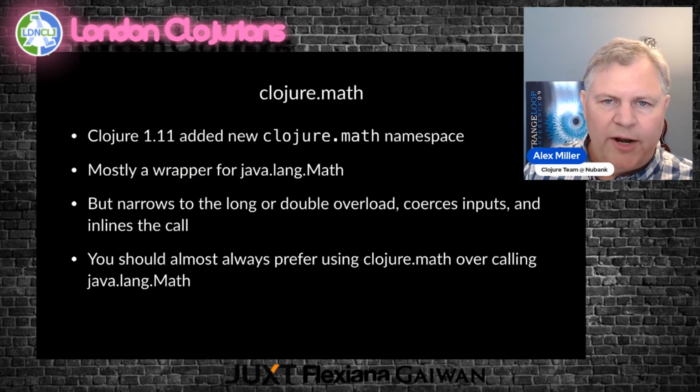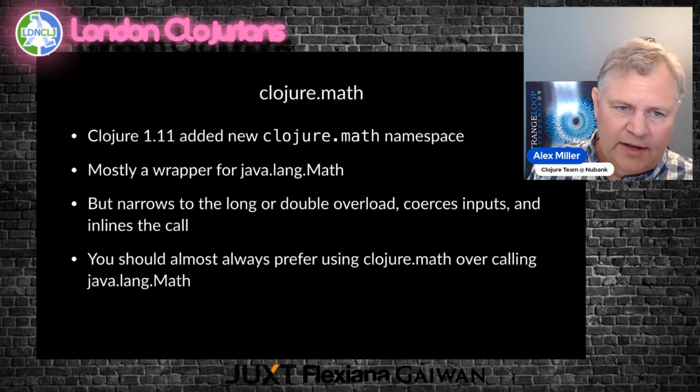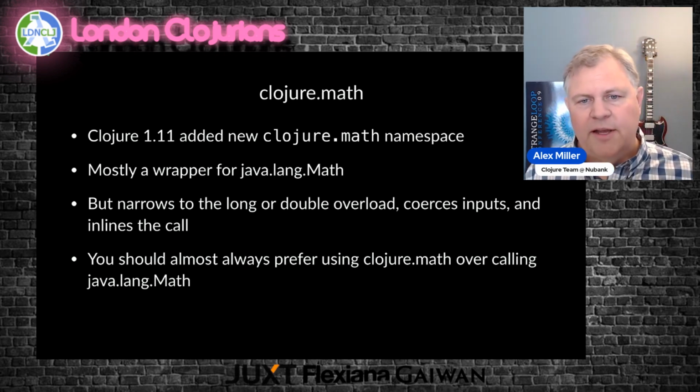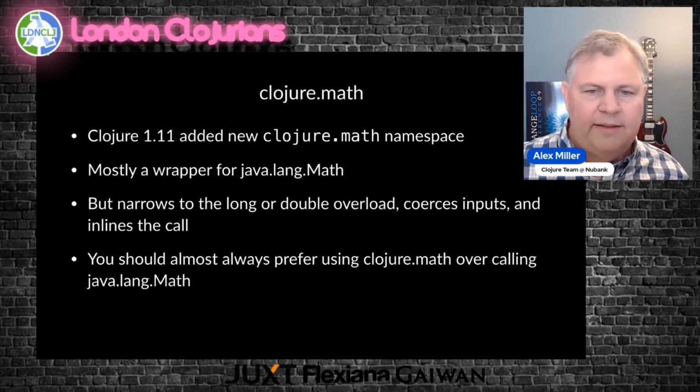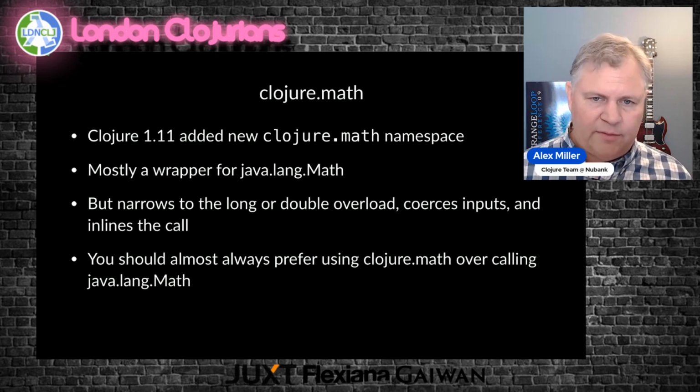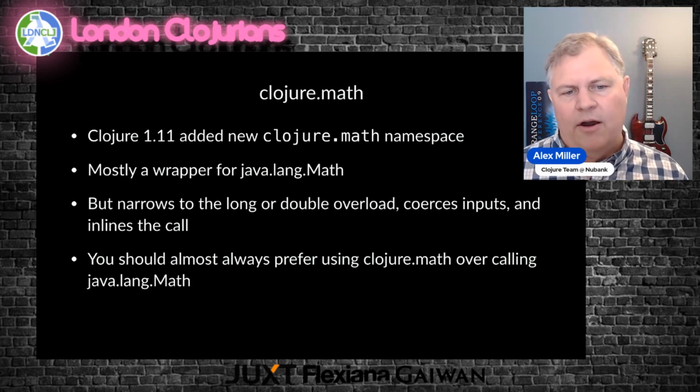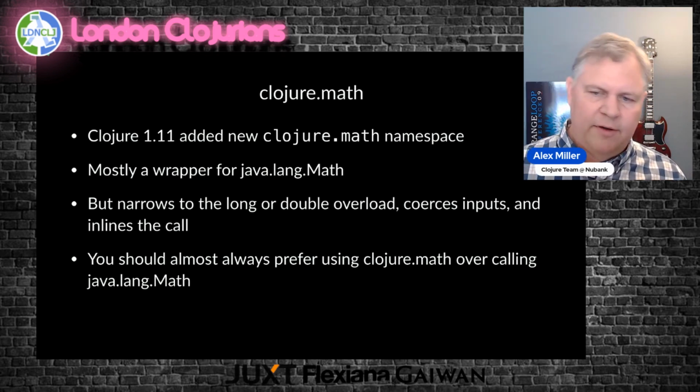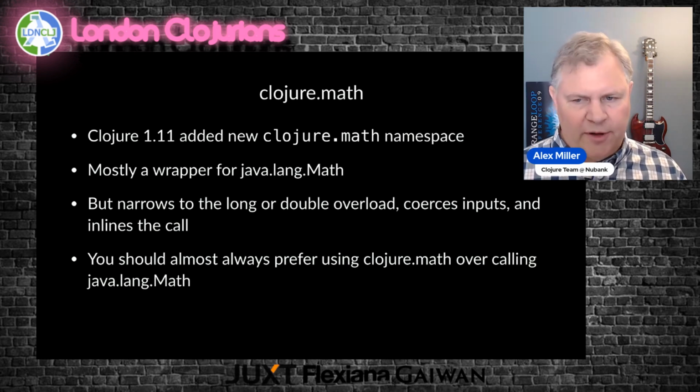I want to talk a little about Clojure Math. So Clojure 1.11 added a new clojure.math namespace. This is mostly a wrapper for java.lang.Math, but it narrows to only the long or double overload. Most of the methods in Math are supported for either int or long or float or double, or occasionally more than that.